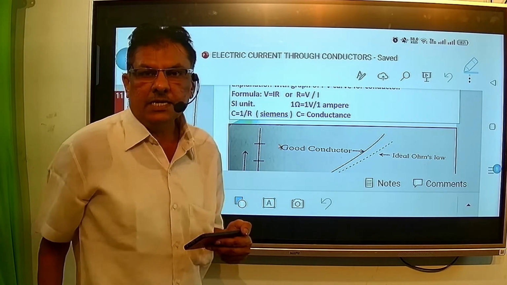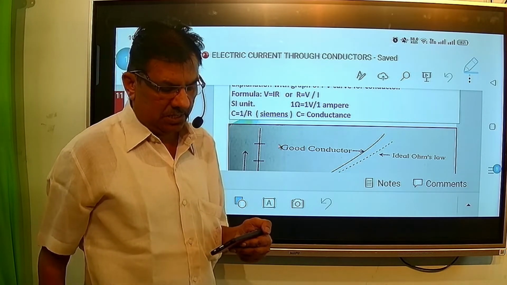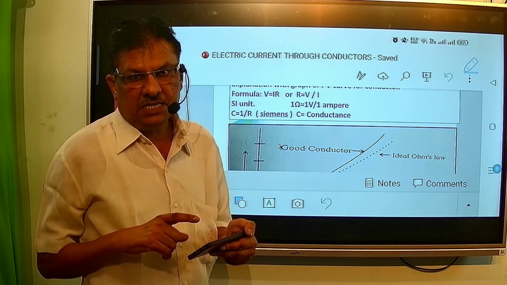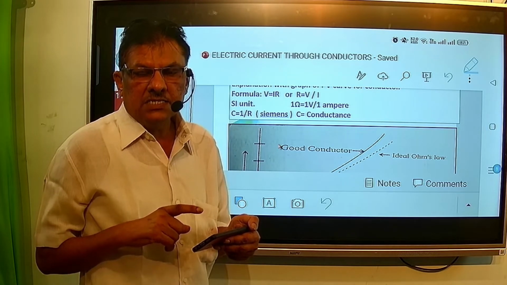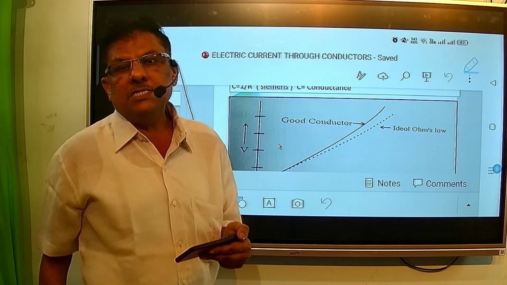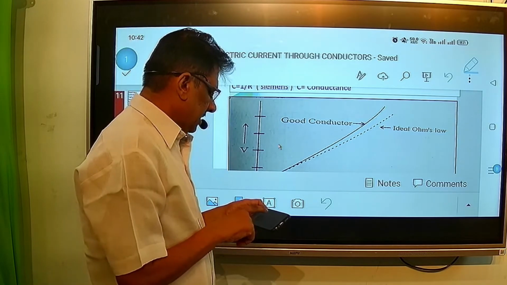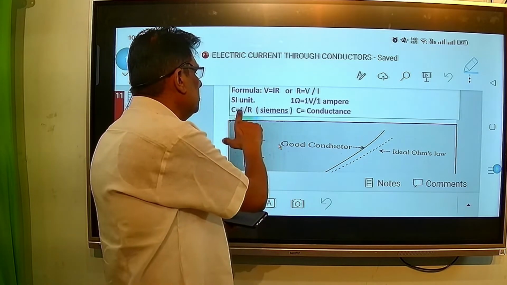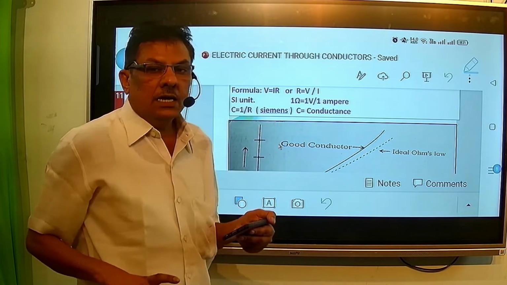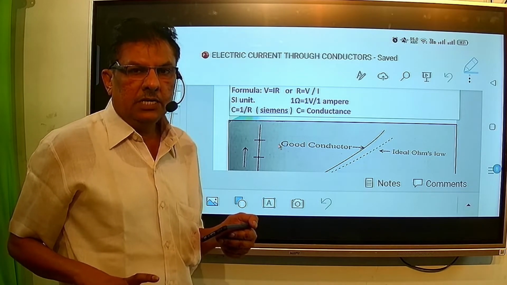Now, if I take the reciprocal of the resistance, I find that 1 upon R is termed conductance, and this conductance is represented by C. This C, known as the conductance of the material, is represented by the reciprocal of resistance. So C is equal to 1 upon R, which has the unit Siemens, or ohm inverse.